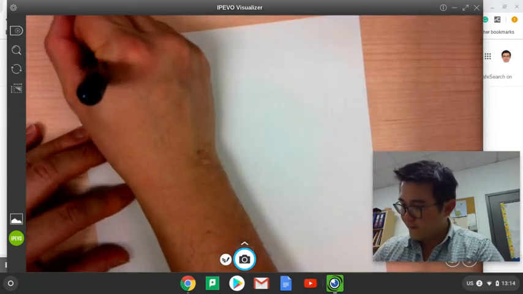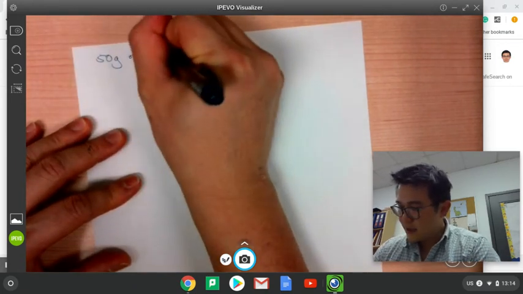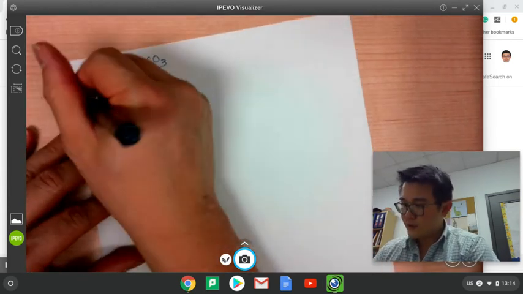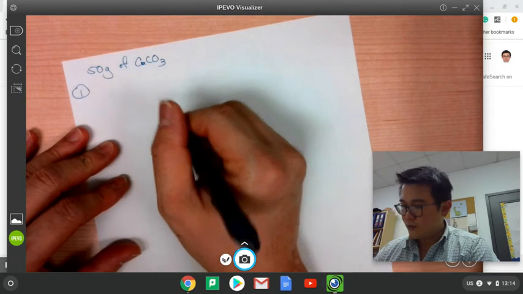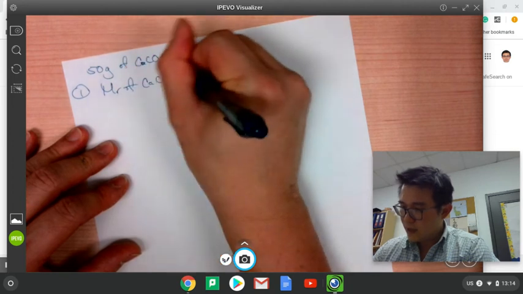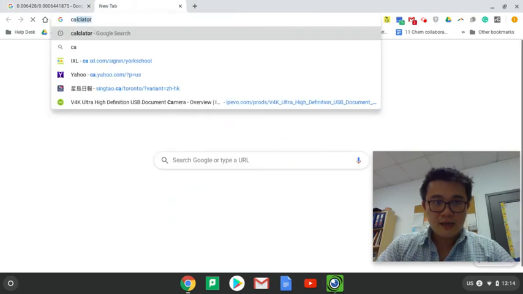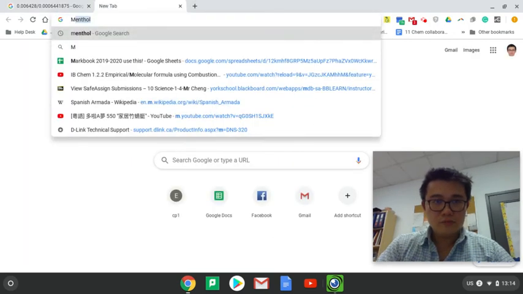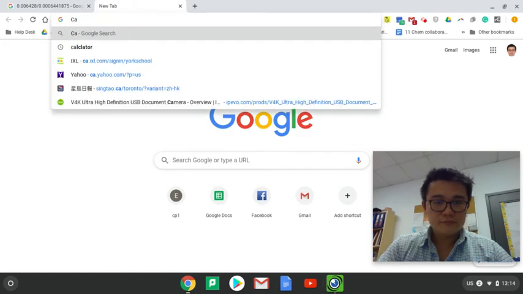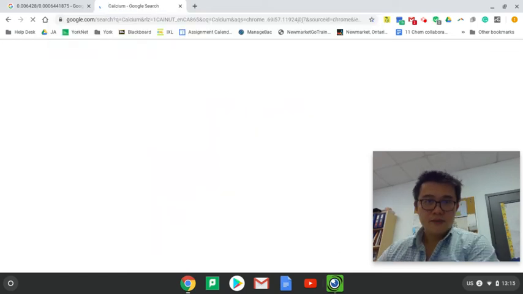Let's do this. So we have 50 grams of CaCO3. In this case, step one, convert mass to mole. So the molar mass of CaCO3 will be, I didn't pre-calculate this unlike last time, so calcium.